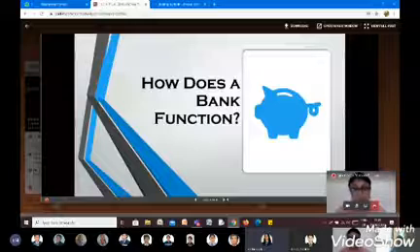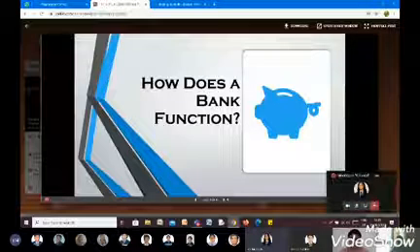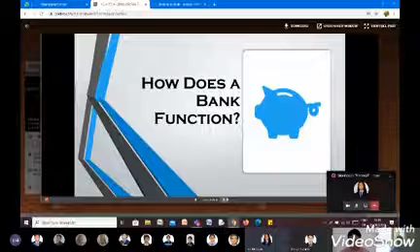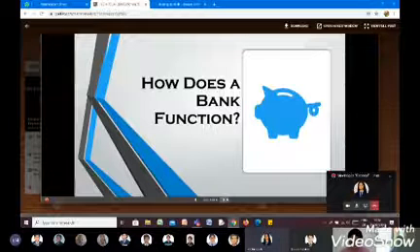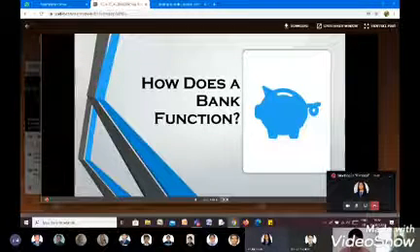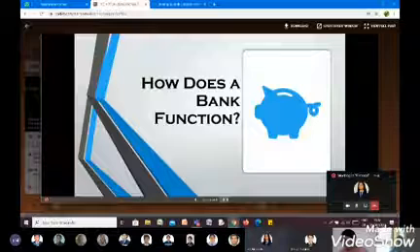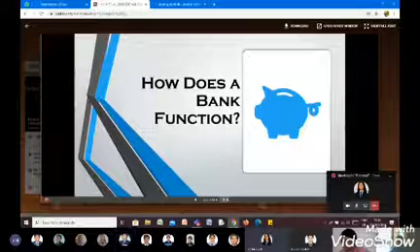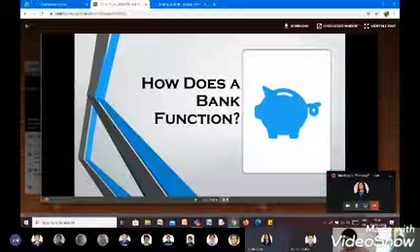Okay, now how does a bank function? Now this is kind of an important aspect when it comes to banking. Banks are basically a sector where deposits and exchange of goods in the form of money is being put.